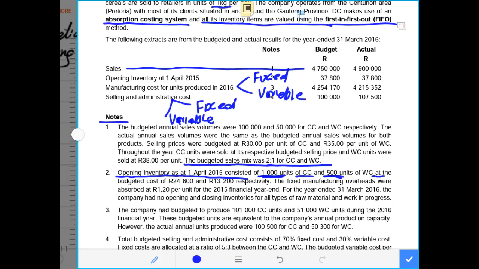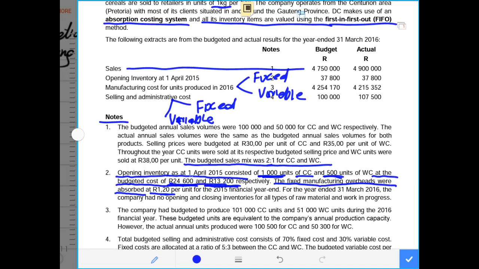And they say that at the budgeted cost of 24,600 and 13,200 rands. And it further says that the fixed manufacturing overheads were absorbed at the rate of 1 Rand 20 cents per unit for the 2015 financial year.